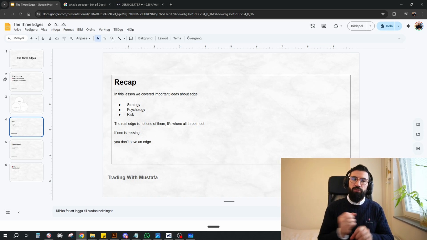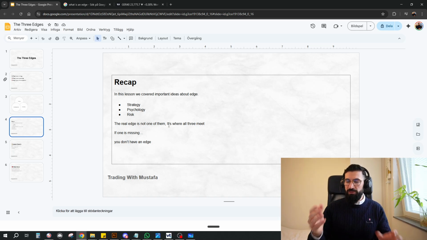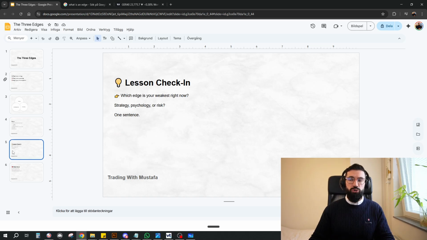You have to have all three of them to be able to make it as a trader. So, short lesson check-in: what edge is your weakest right now? Is it strategy, psychology, or risk? One sentence is enough. This keeps you thinking about what you are here to improve. What do I need to know more about so I can improve?